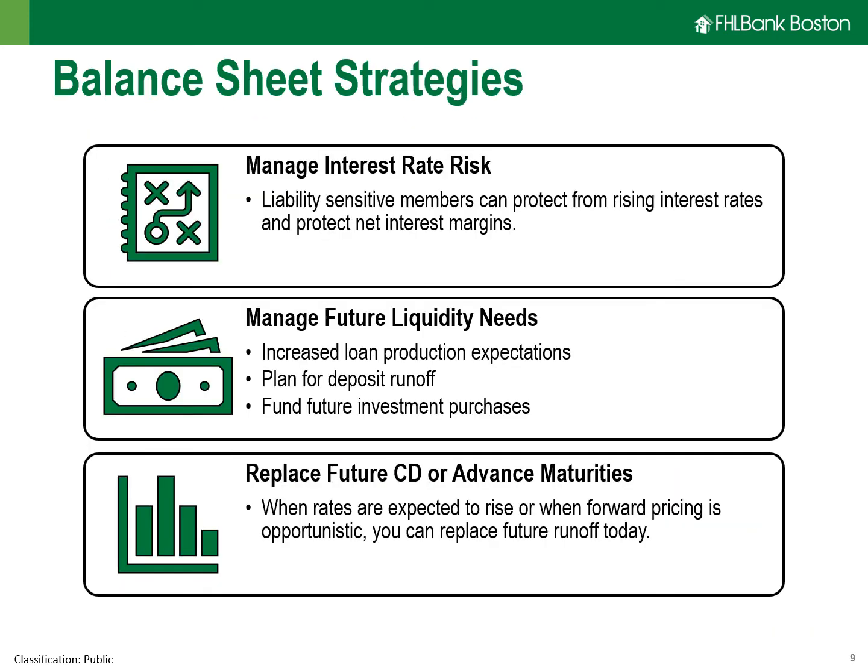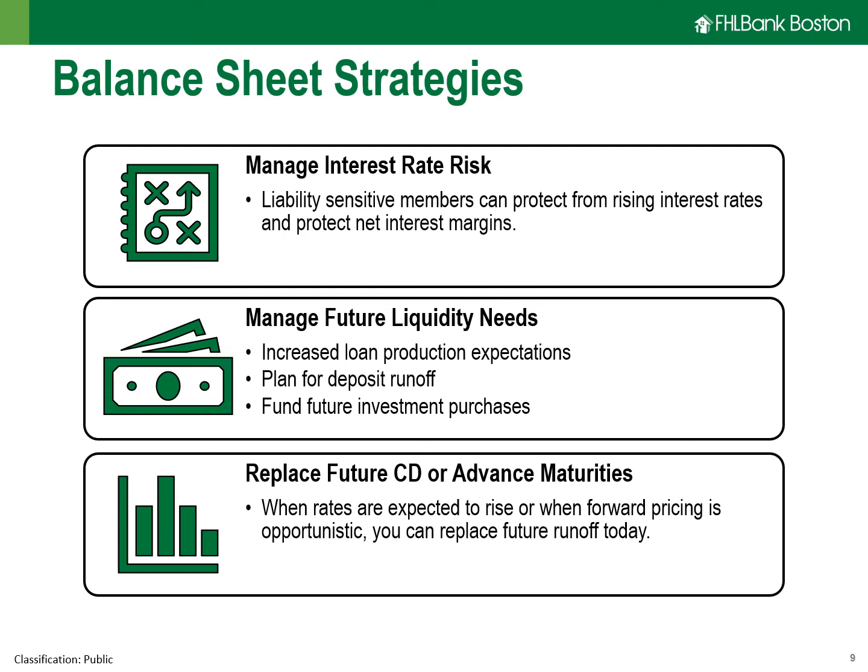We've already discussed all of these different strategies throughout the presentation today, but I do want to come back to them one more time and just run through them to make sure everybody understands how the forward starting advance can help you manage your balance sheet. First topic here is managing interest rate risk. As we discussed, liability sensitive members are more susceptible to rising rate environments. So as rates rise, deposit costs increase, margins are compressed.